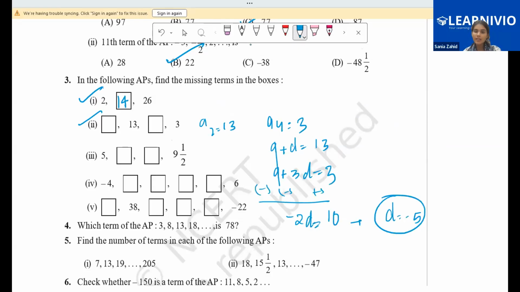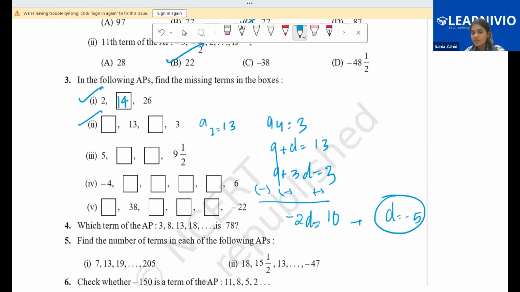And now tell me A1 and A2. A1 would be 18, and A3 would be 8.